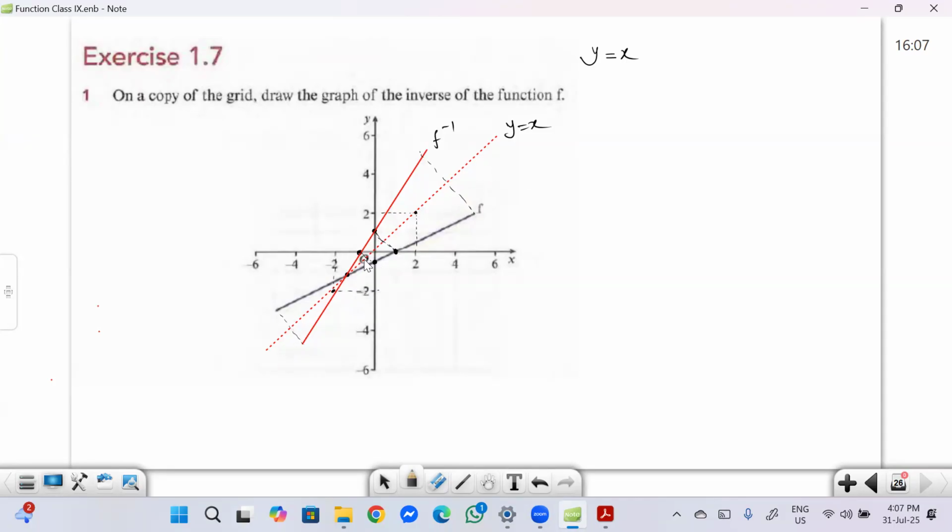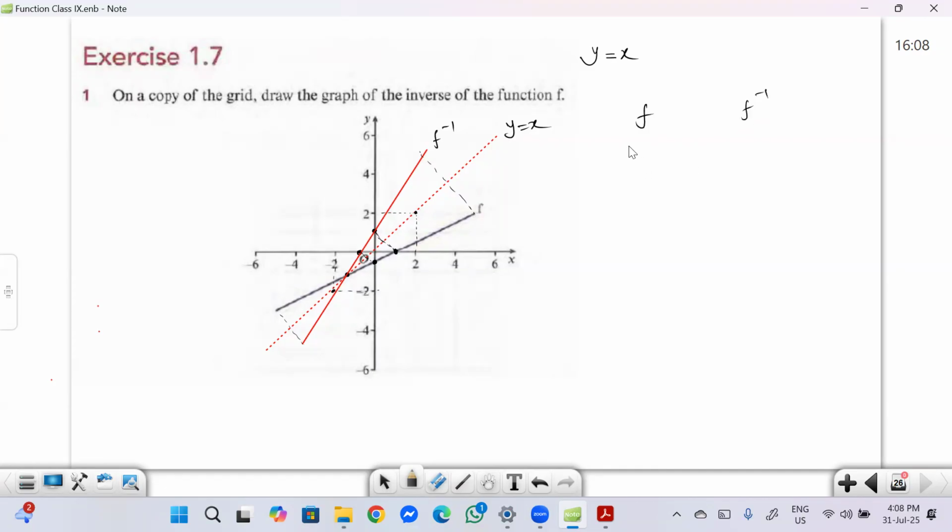And then there is an issue যে if y equal to x intersects the function, the graph of function, at that point there will be no change. তার মানে the f inverse also will go through this y equal to x point. বুঝতে পারছেন? ঠিক আছে, so keeping these things in your mind, if you draw the mirror lines, so that will do.